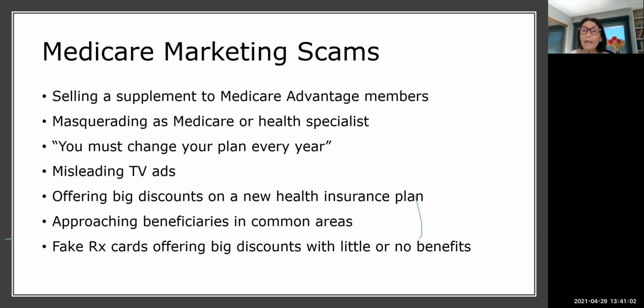Another issue we see all the time is misleading television ads saying we can save you hundreds of dollars, we can give you all kinds of free benefits.